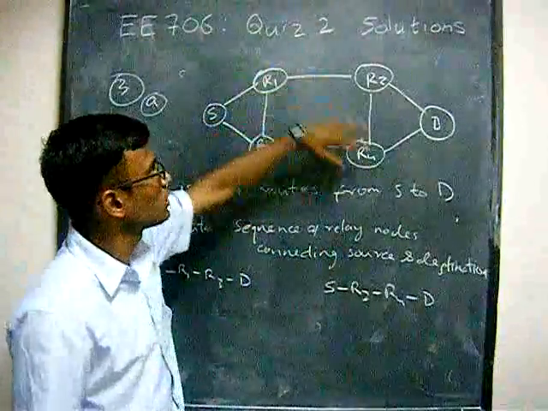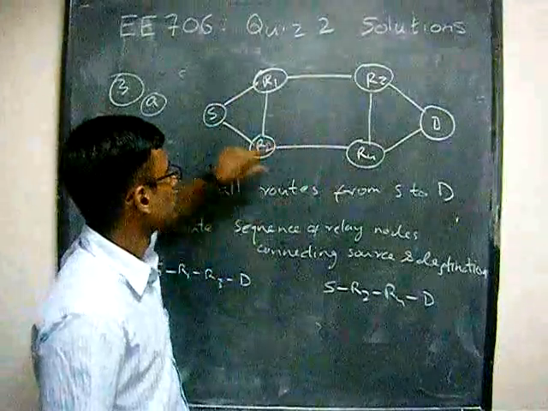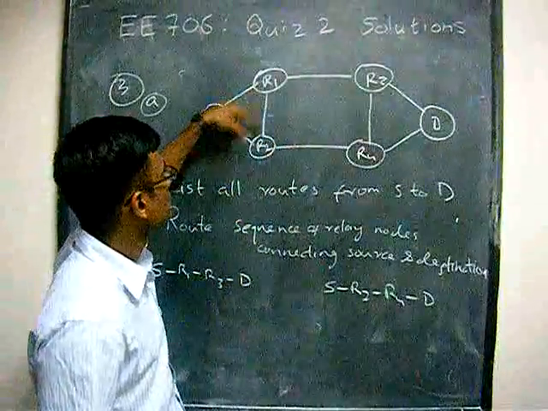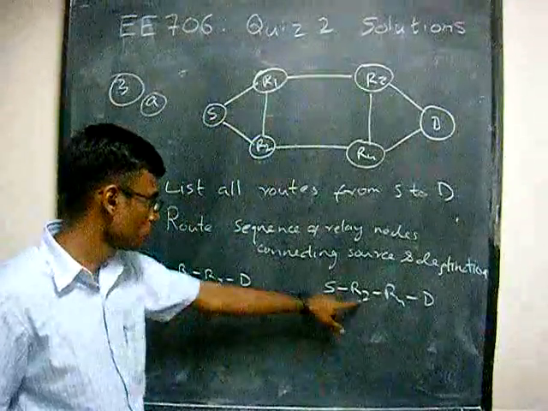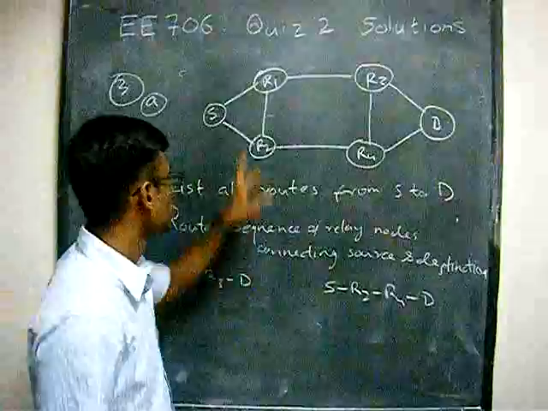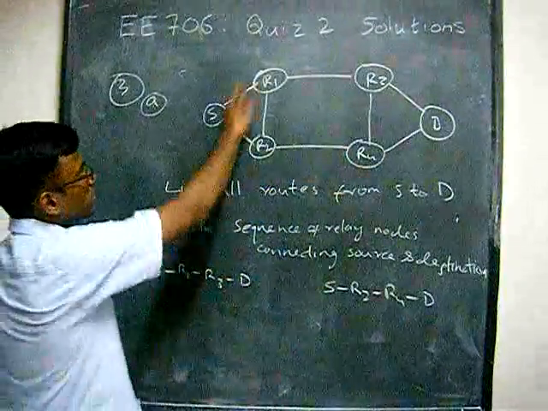So if I list all the routes which go through R1, then I just flip the indices. That is, I replace R1 with R2, R3 with R4, and then I get the corresponding route which passes through R2. So let me just do the listing for the top now.